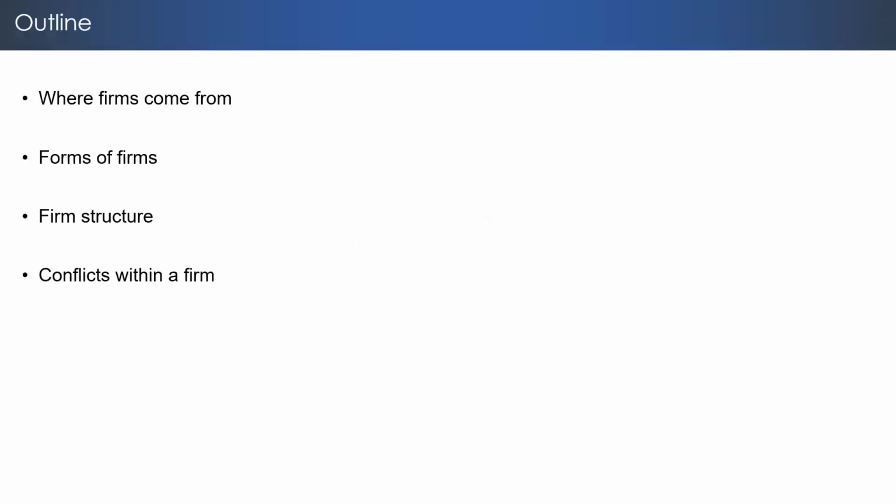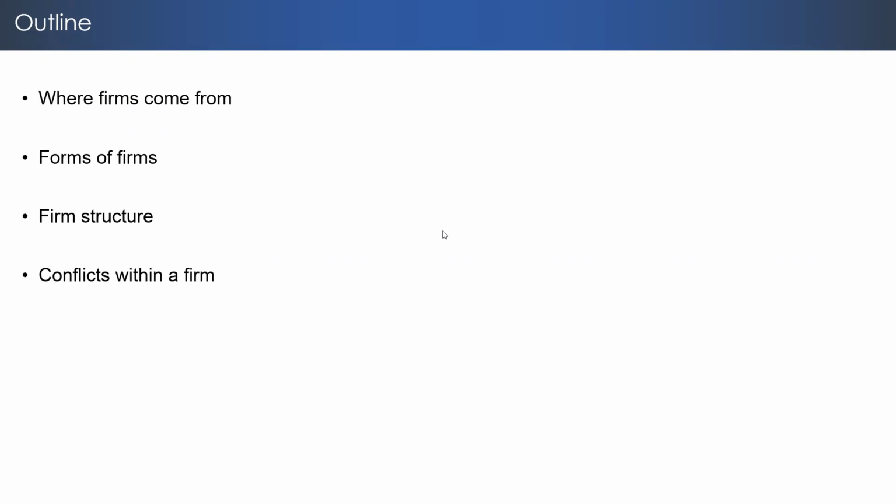So the outline of this slide is to talk about some basic understanding of firms, or the nature of the firms. First of all, why do we have firms to begin with? This sounds like a really fundamental and somehow silly question, but it's actually quite important, and people have different answers for that. Second, we're going to ask the forms of firms, different types of firms, depending on the size and also the function of the firms.